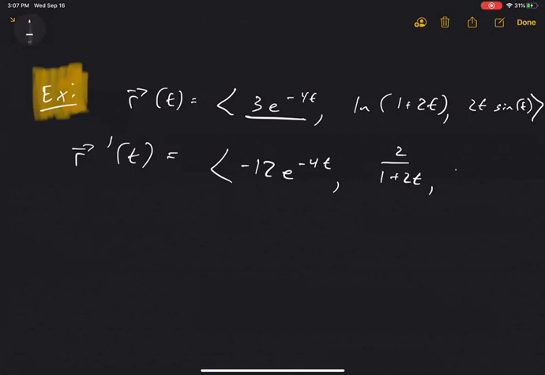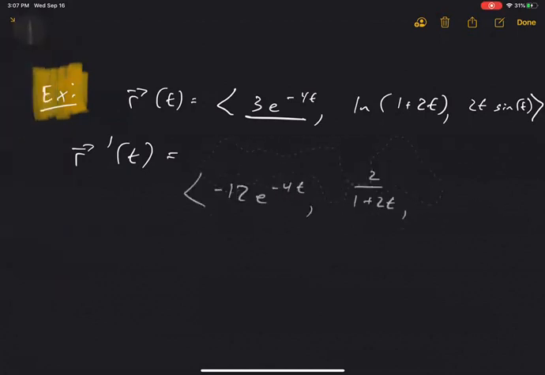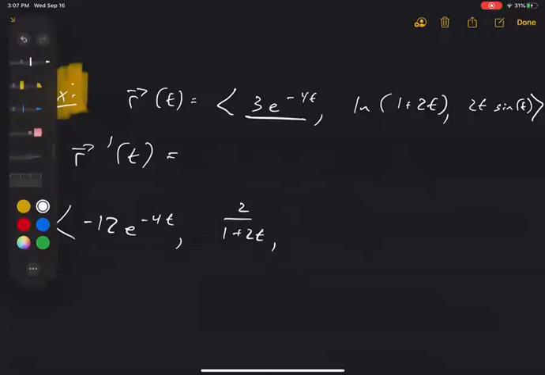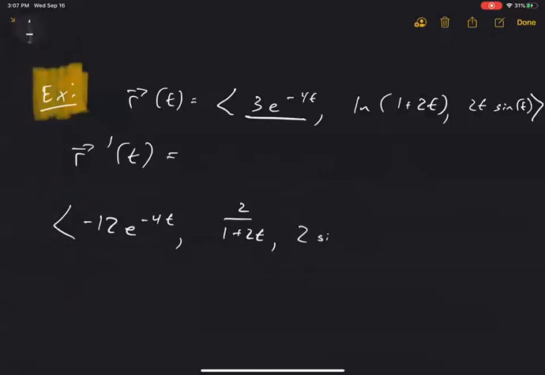This would be 2 times sine of t plus 2t cosine t. And I'm done. That's r prime of t.